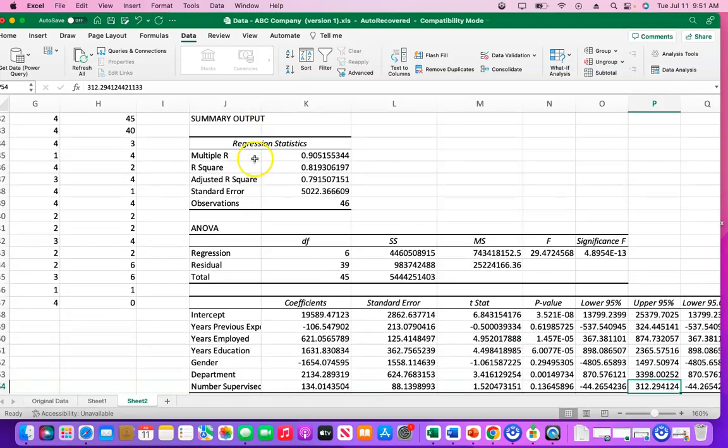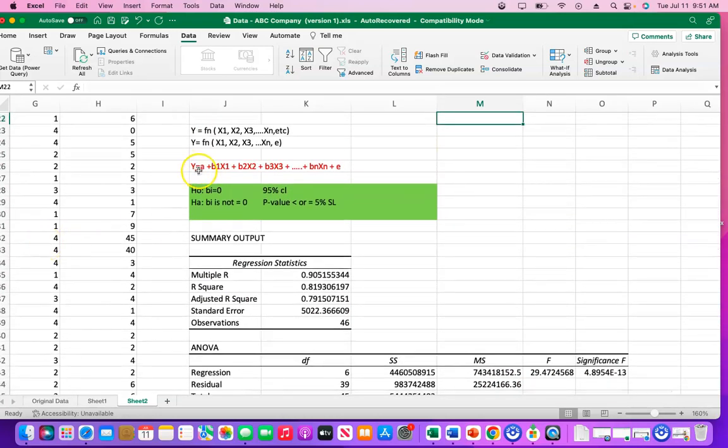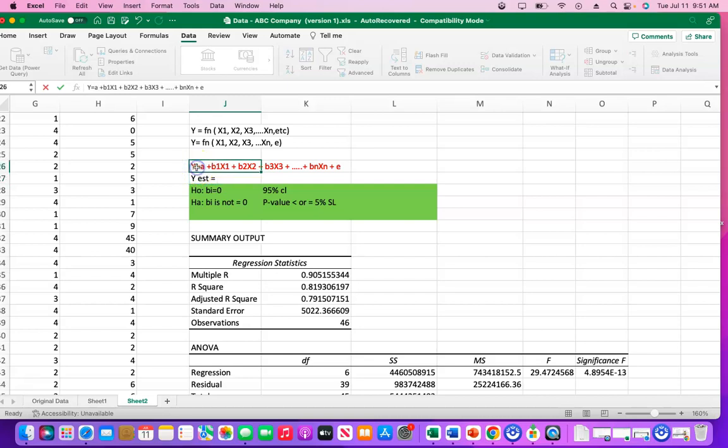We have the summary output, and regression statistics will give us the multiple R. In this case, we are looking at the correlation between the Y and Y estimate. In fact, I was supposed to provide the Y estimate because we are now estimating this Y, so let me copy this to save time.